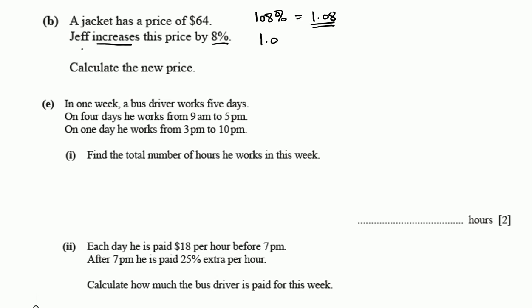So I want to work out 108%, 1.08, of, which of course still means times, 64. And that will give me my answer. $69.12.